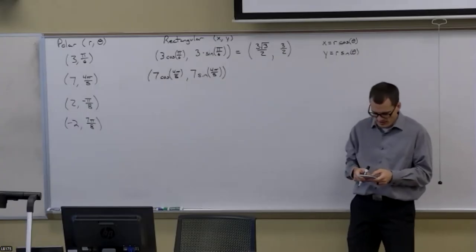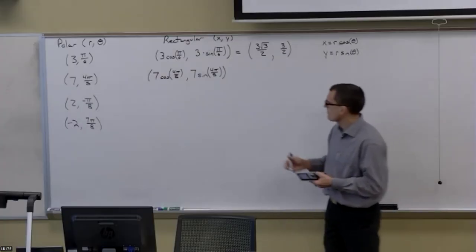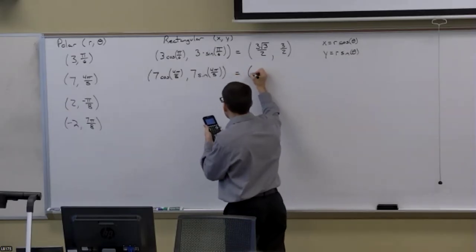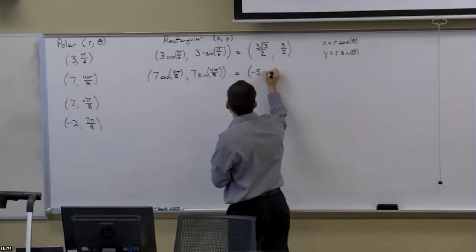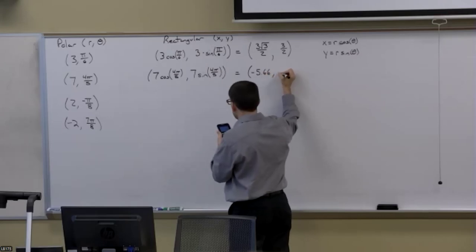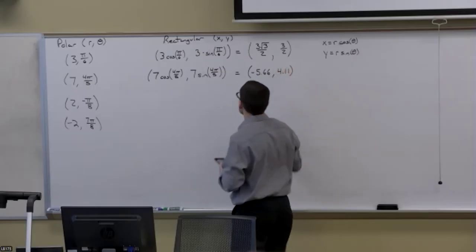Round to a couple of places. In this case, notice that the x value I got was negative 5.66, and the y value I got was a positive 4.11.